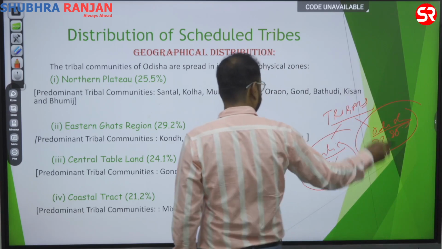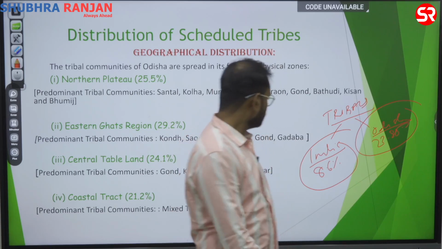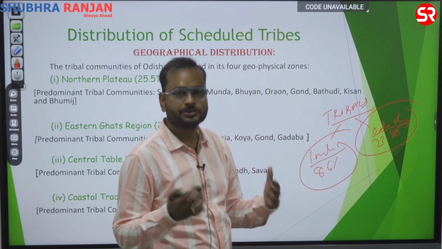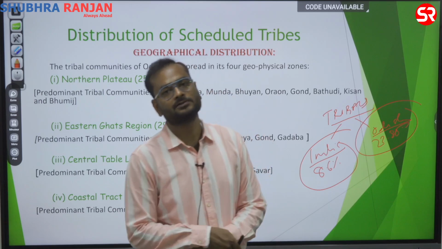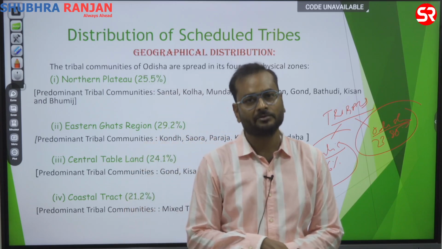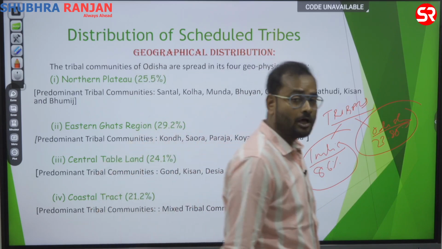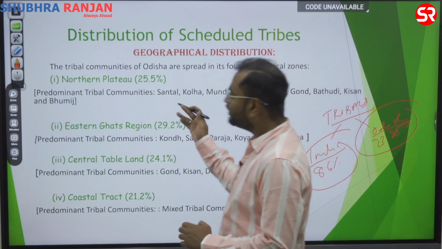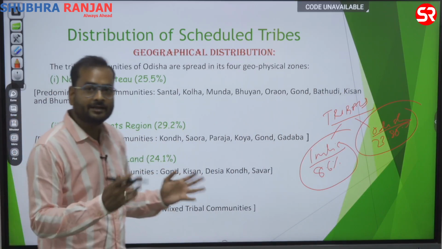Can you look at the stark difference? Only 8.6% of the population of the whole of India constitute the tribals, while close to one quarter of the population of our state are tribals. So you must understand how much importance it should be given. That is why it is very important to study them so holistically and in detail.